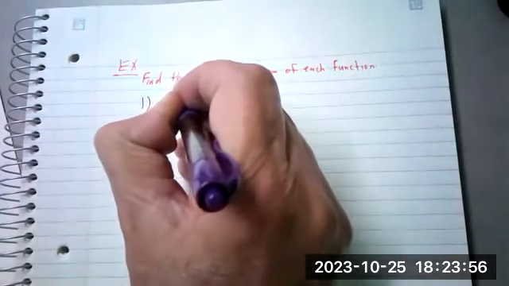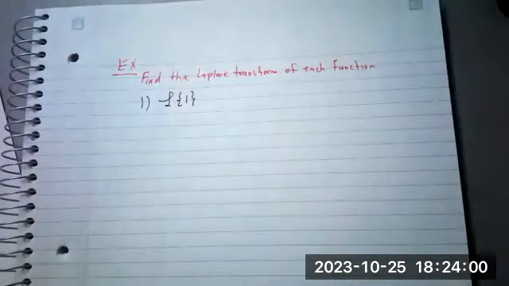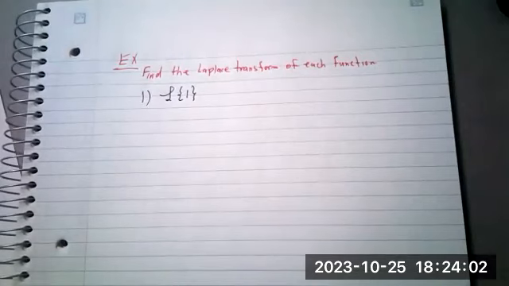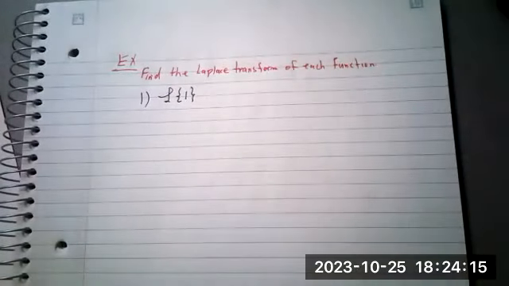So the first one, we want to find the Laplace of a constant. In order to get a constant, you need to do only one. If you do the one, the 5 is like 1. So your function is 1.